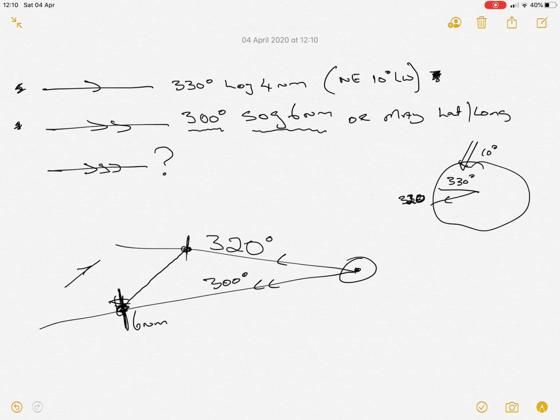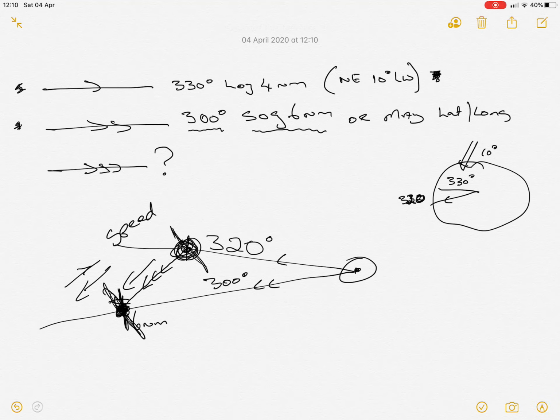But is the tidal stream going that way or is it going that way? Well, I actually physically went further than what I thought I'd gone, which means the tide was with me. So I can now measure its speed and I can look for its direction. And that's how we work out tidal streams.